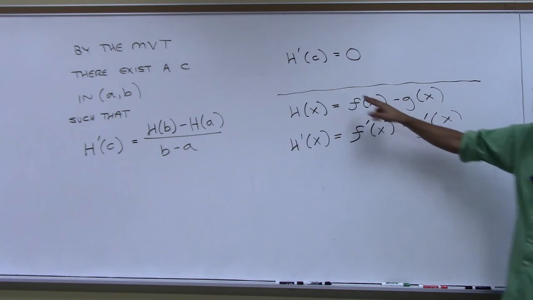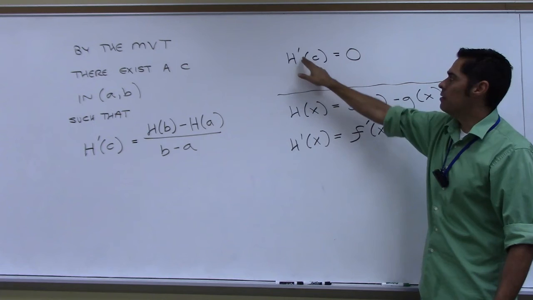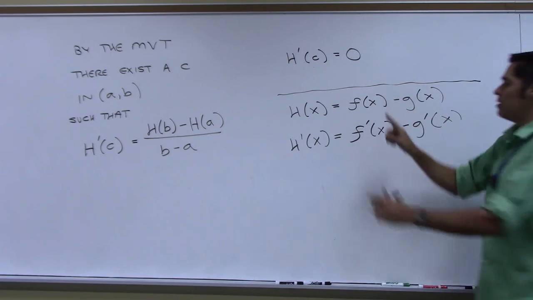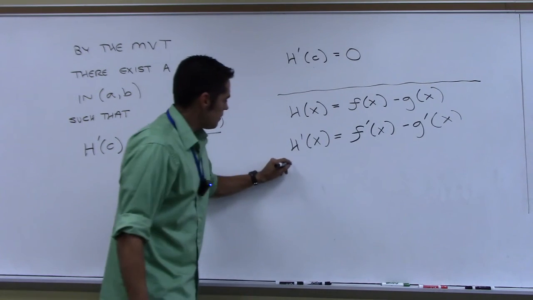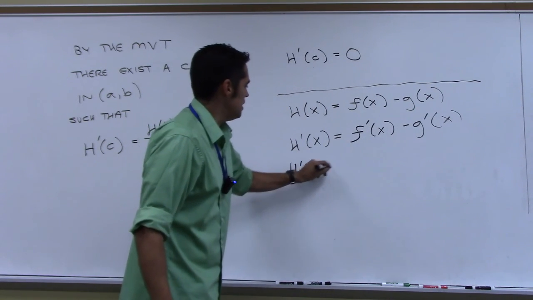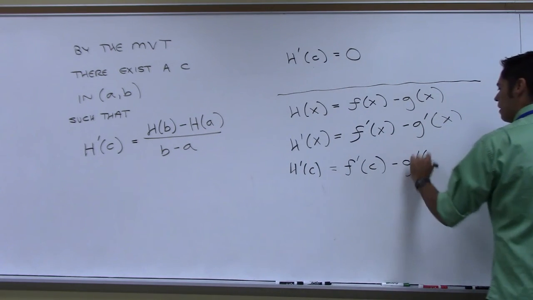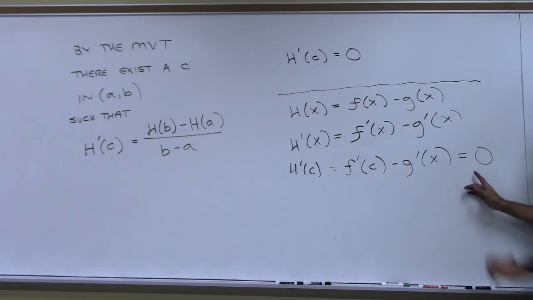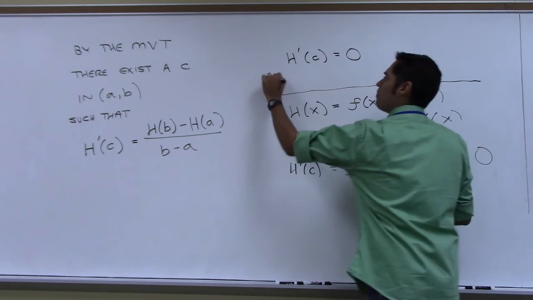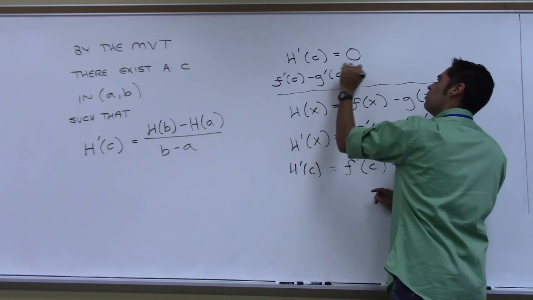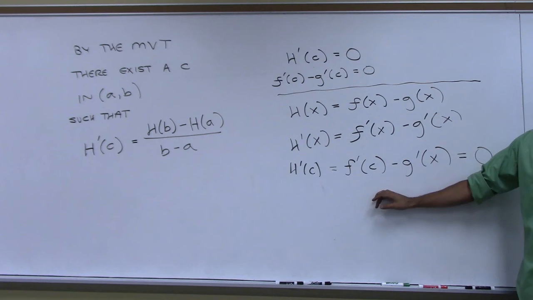So if I tell you that at some point the derivative of h is 0, isn't that equivalent to me saying this? H prime of c equals f prime of c minus g prime of c, that equals 0 somewhere? Yes? So that's saying that f prime of c minus g prime of c equals 0. Does anyone see what I can do right now with this?